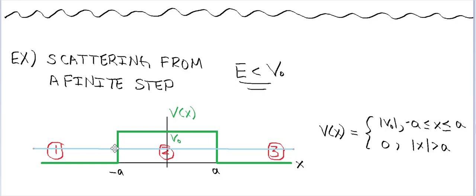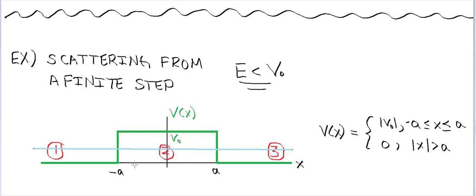and classically, there is no chance this thing passes, right? It doesn't have enough energy to overcome the barrier, and so it should reflect. Quantum mechanically, what we're going to see is that's not necessarily the case. This is what we call quantum tunneling.